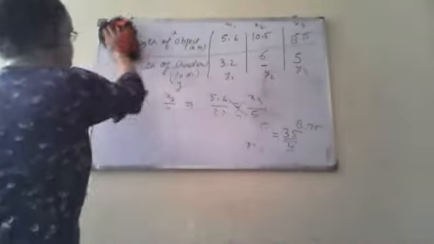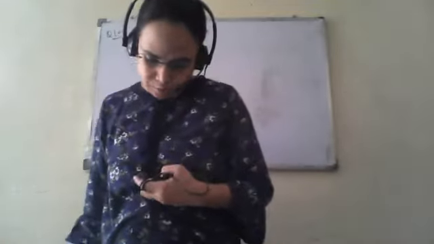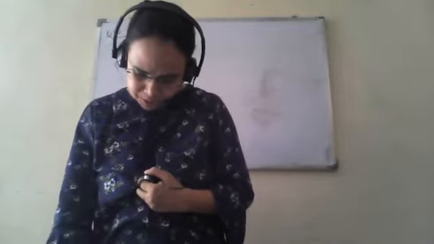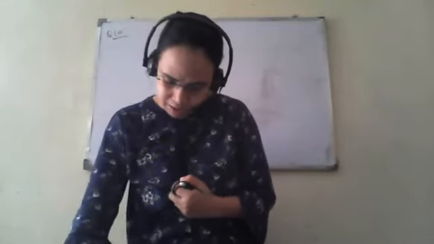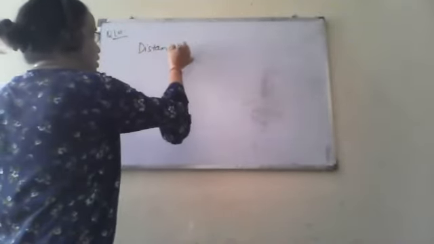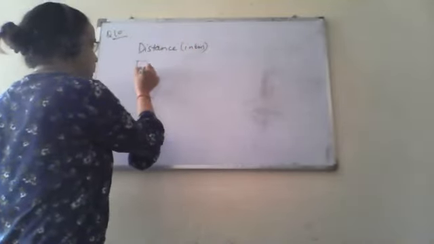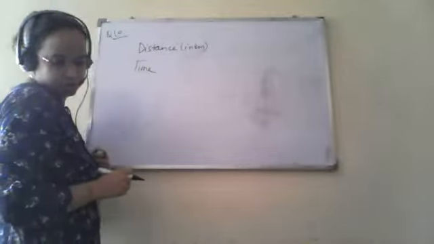Last question of this exercise, this is question number 10. A hand loaded truck travels 14 kilometers in 25 minutes. If the speed remains the same, how far will it travel in 5 hours? So we have been given distance in kilometers and time in minutes.